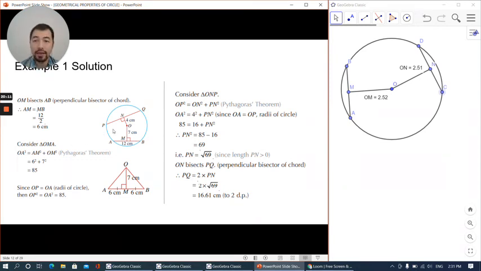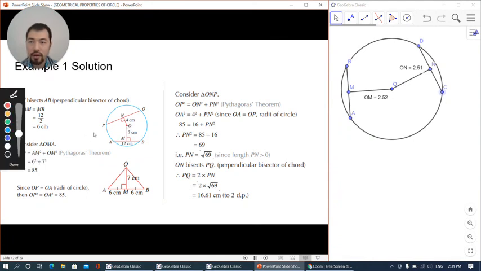Just so everyone can see this triangle, there you go.